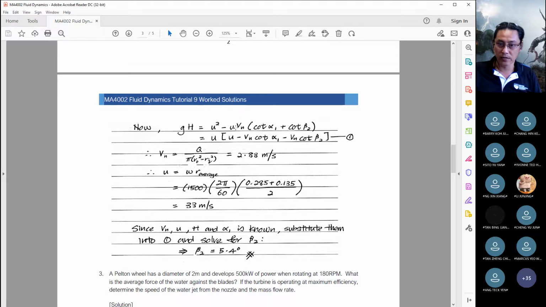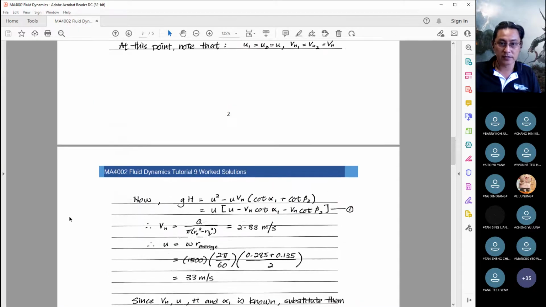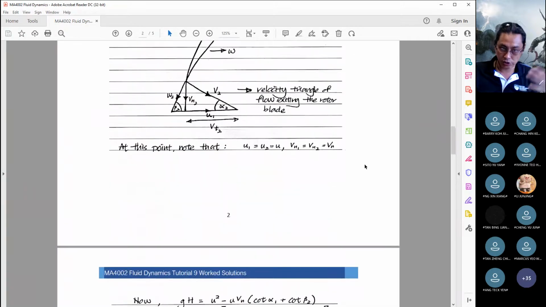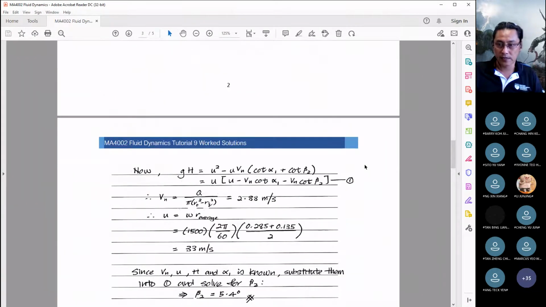The next unknown we have to calculate is U. U is nothing but the radius multiplied by the angular velocity. Reading this question carefully, we're asked to determine the average blade angle at the impeller exit. So let's assume that the average exit blade angle happens at the average radius location.